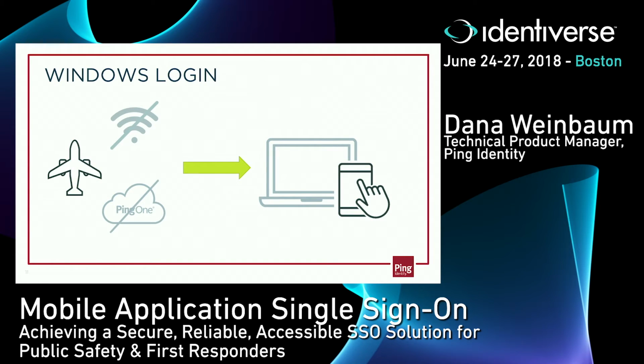So the first one that I will talk about is the Windows login offline use case. And in this case, it's very common for a user to be without a network connection. So it could be, for example, if the user is on an airplane, or perhaps he's in his basement and there is no good network connection. He can be walking into an internet cafe or to a lobby of a hotel, and he didn't establish a network connection yet.